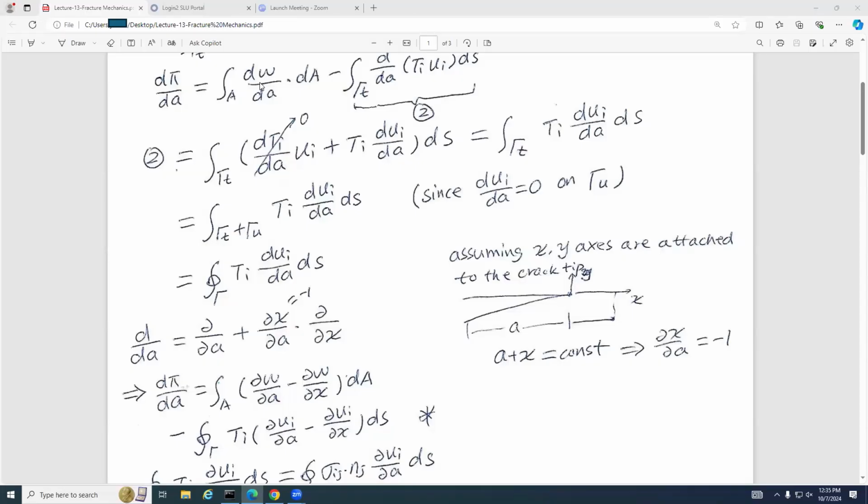So for w, and we also for ui, dA equals d ui dA plus here is a -1 multiplied by d ui dx. This is how we get it here.